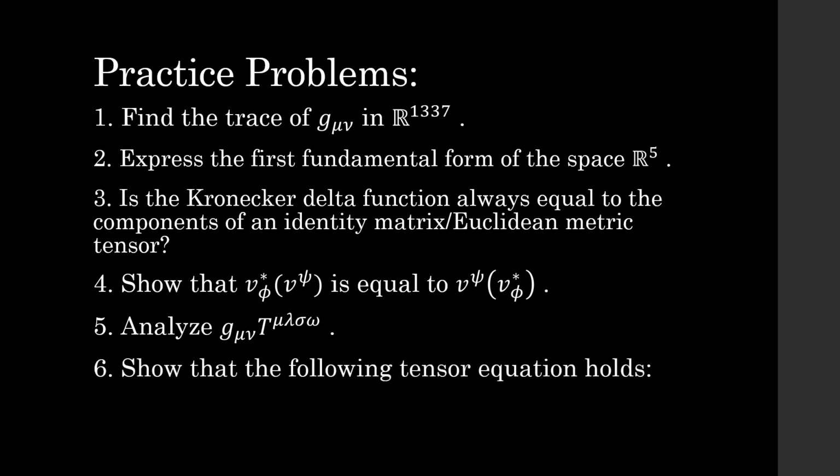And to really hone in all the skills shown in this video, you should be able to work through this final equation. Number 6, show that the following tensor equation holds.